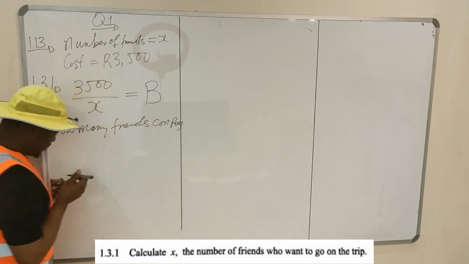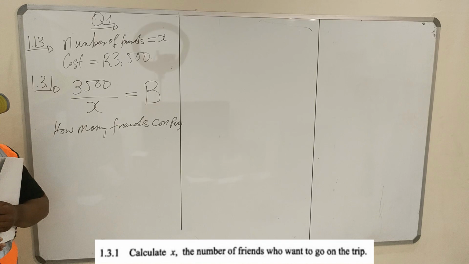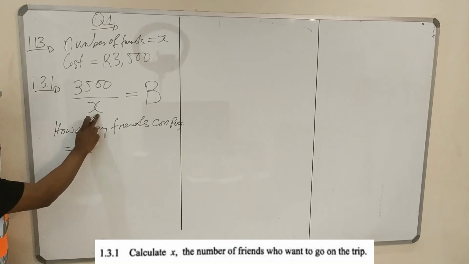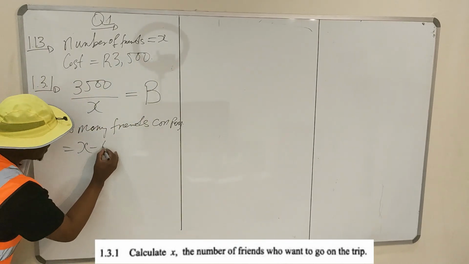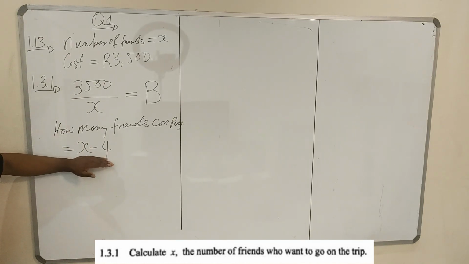If you have a total of X friends that want to go and 4 cannot pay, how many can pay? X minus 4. It will be the total number of friends, which is X, because we have X number of friends, minus 4, which is the 4 that cannot pay. So this is the number of people that can pay.